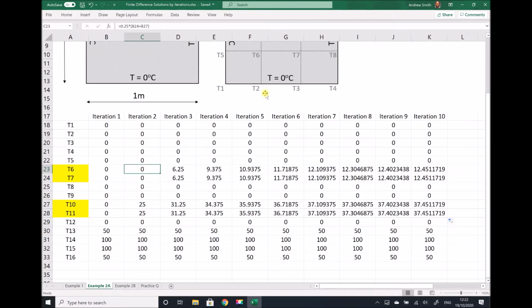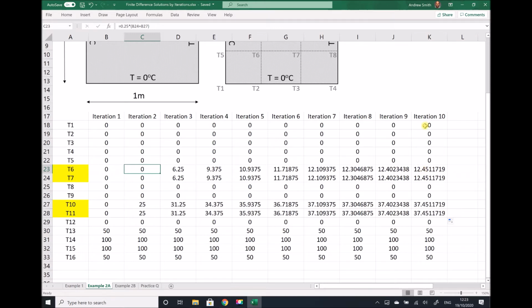T6 and T7 are both equidistant from the boundaries, so we would expect those values to be the same. After the third iteration, those values are both approximated as 6.25, moving to 9.4, 10.9, 11.7, and what we see is that that value begins to converge at around 12.4.